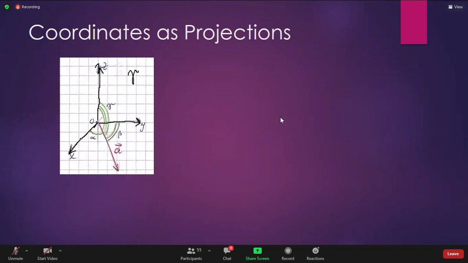We projected the vector onto an axis, a line, perpendicular to that line, and we said, all right, the length of this projection has a plus sign if it goes in the same direction as the axis, and a minus sign if it goes in the opposite direction.